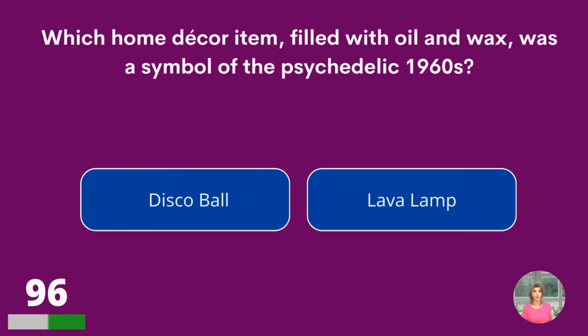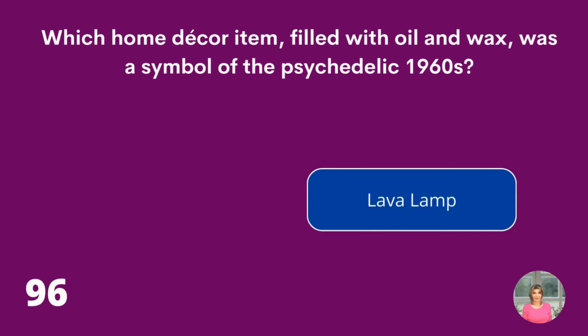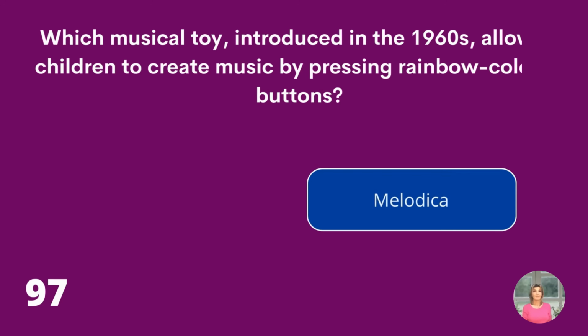The disco ball or the lava lamp? The lava lamp. Which musical toy introduced in the 60s allowed children to create music by pressing rainbow-colored buttons? Light Bright or Melodica? Melodica.